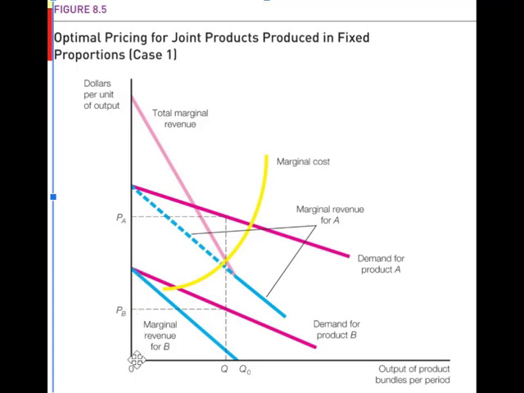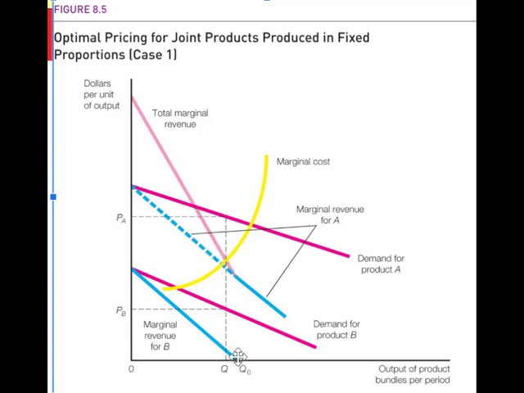The total marginal revenue for producing that unit of A and B will be the vertical sum, vertically stacking up these two blue curves. You get this total marginal revenue curve that is drawn as the pink line, right?